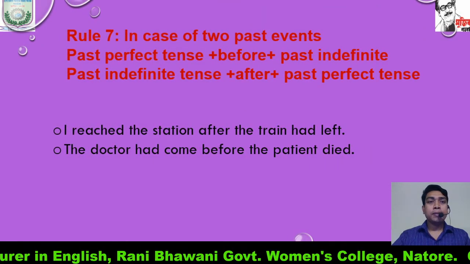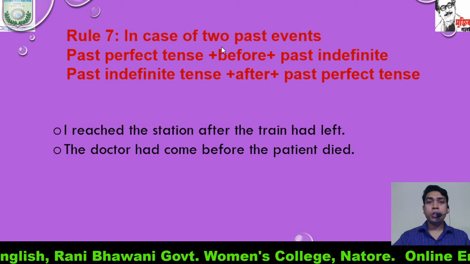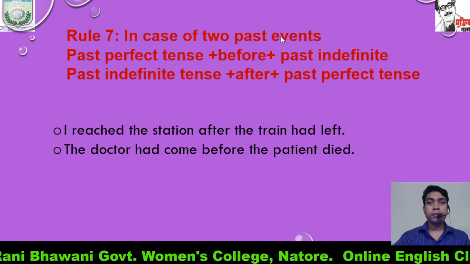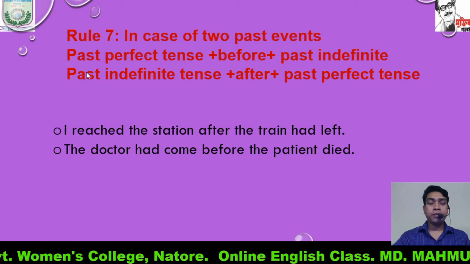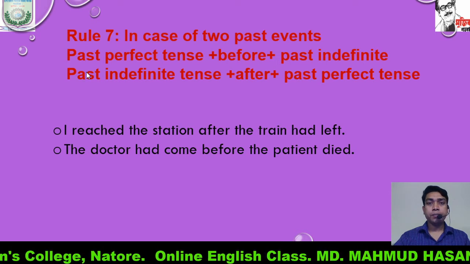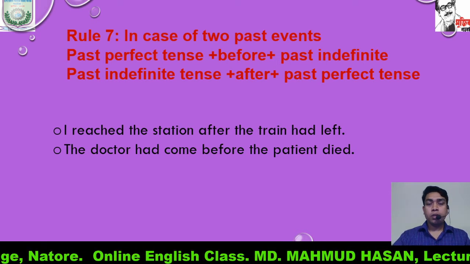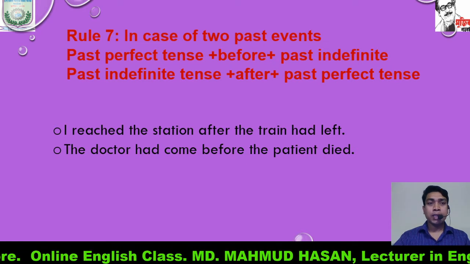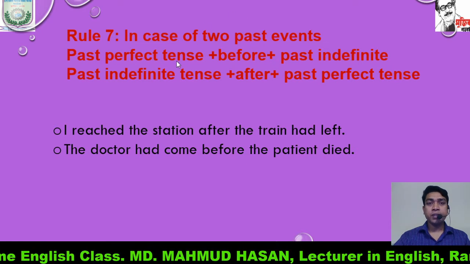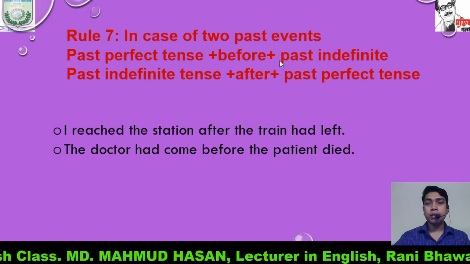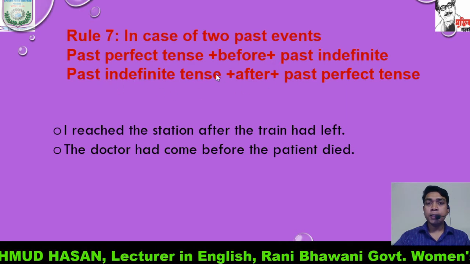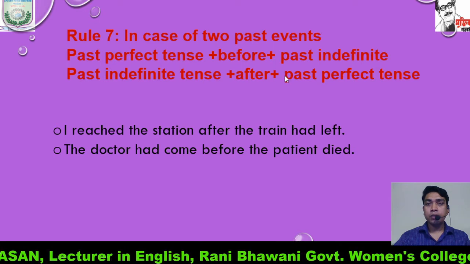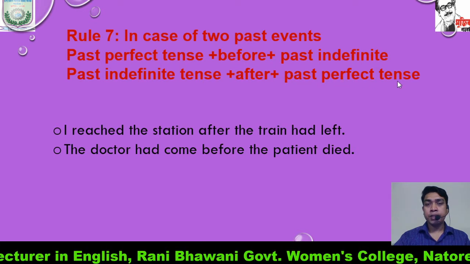Rule number 7. In case of two past events, we use past perfect tense, and the structures are given here: past perfect tense plus before plus past indefinite, and past indefinite tense plus after plus past perfect tense.